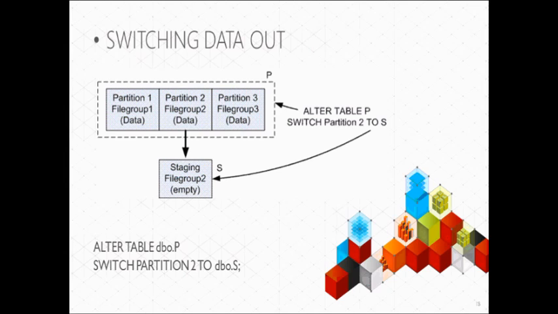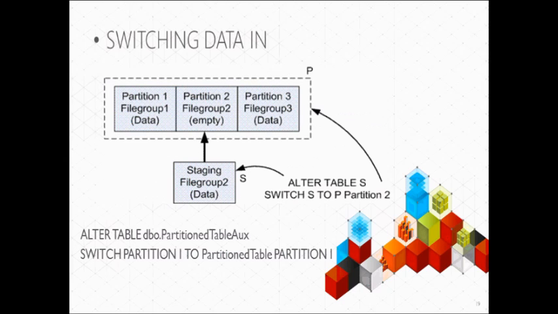For example, suppose you want to switch out partition 2 of table P to the empty staging table S. We should use a command like ALTER TABLE P SWITCH PARTITION 2 TO S, and then it will stage partition 2. You can also include a non-partitioned table, like tables that are not in a partition schema, and it will only have one partition, numbered 1.